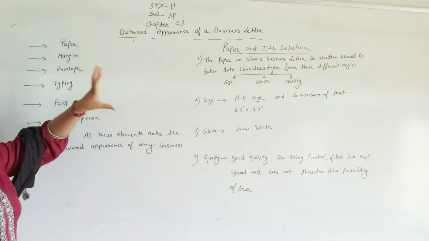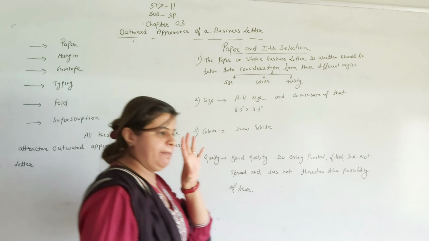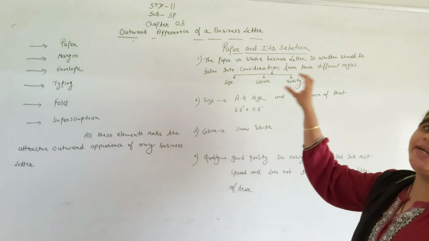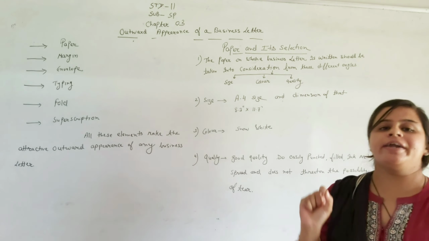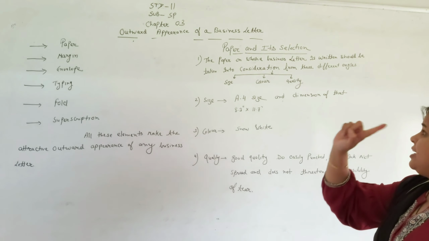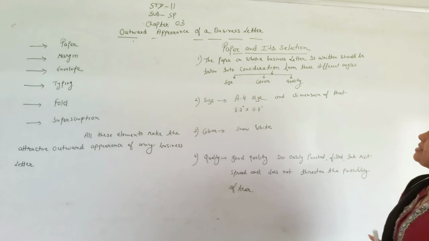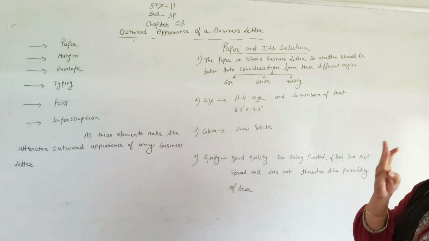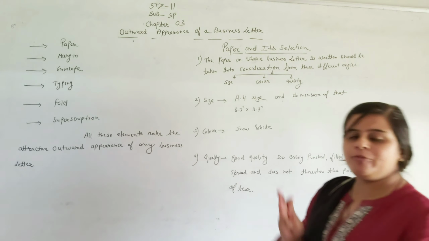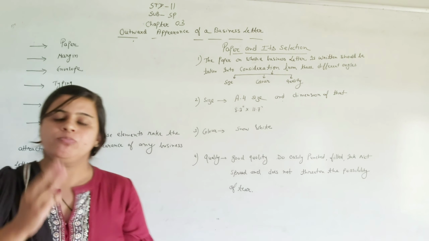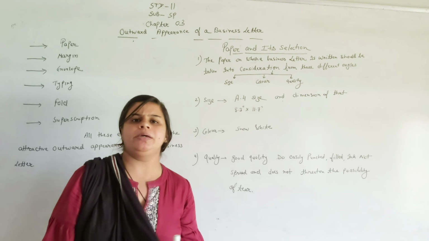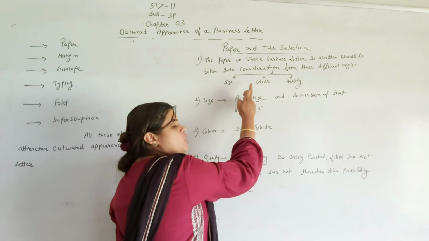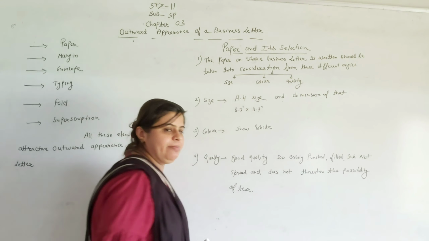Got it? So when you are writing a business letter, the paper is the important element on which you are writing. First, the paper on which a business letter is written should be taken into consideration from 3 different angles. जब भी हम कोई business letter लिखते हैं, हम 3 एलिमेंट हमेशा ध्यान रखते हैं पेपर को सिलेक्ट करते वक्त. उसकी साइज, उसका कलर और उसकी क्वालिटी. मेजर 3.